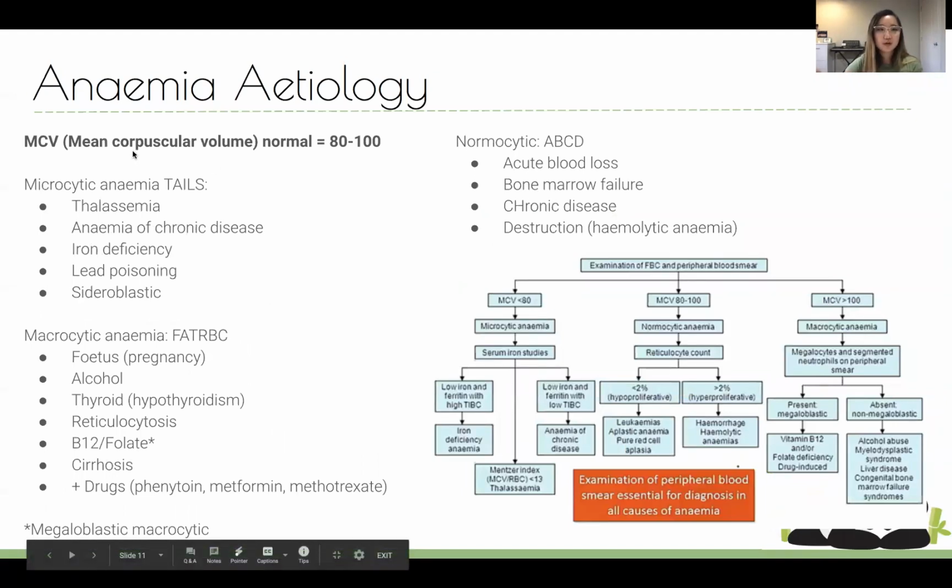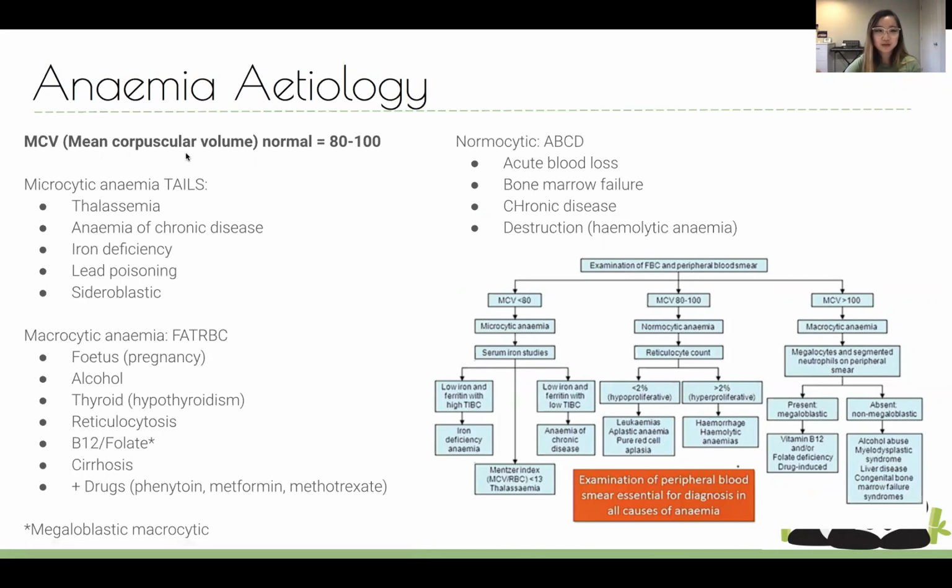So a normal mean corpuscular volume is 80 to 100. And so anything under 80 would be microcytic. Anything that's between is normocytic, and anything over 100 would be macrocytic.